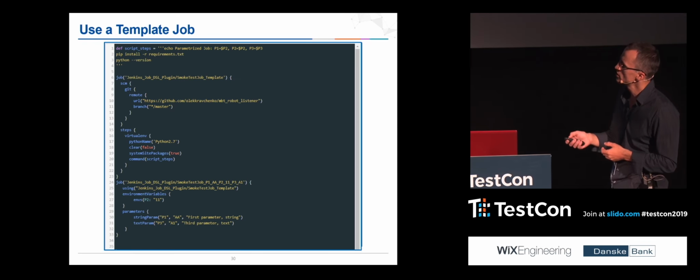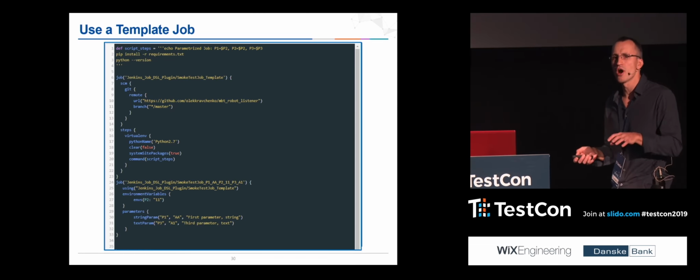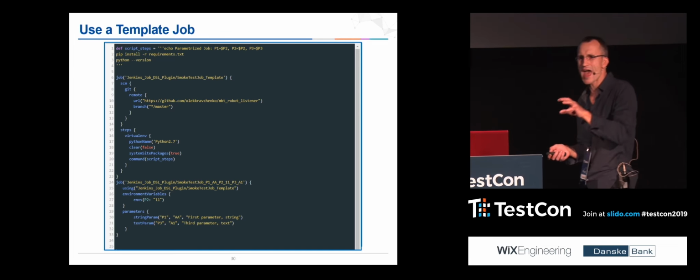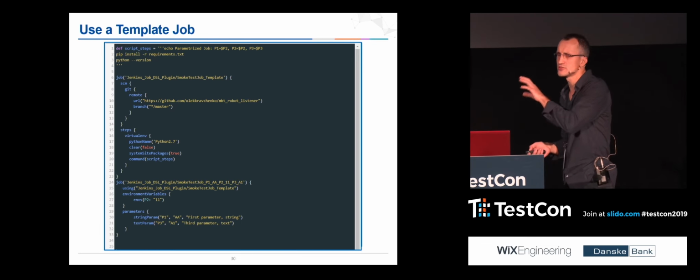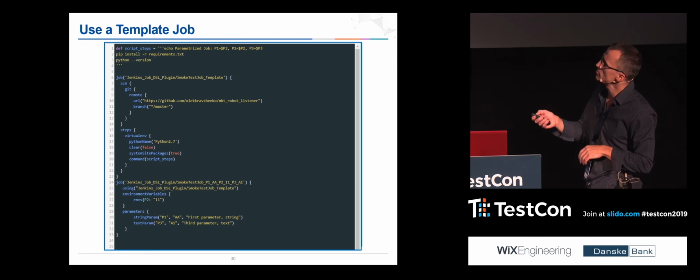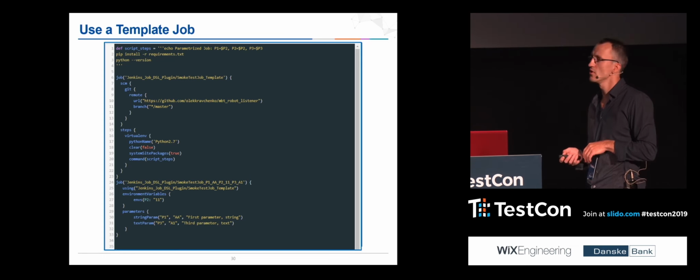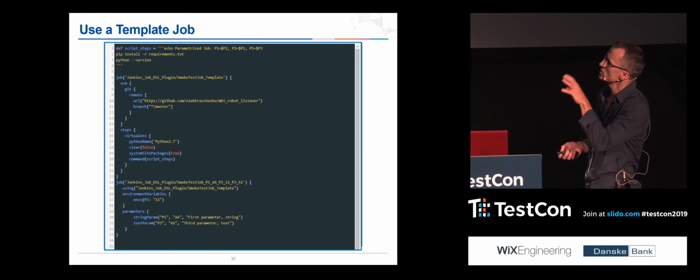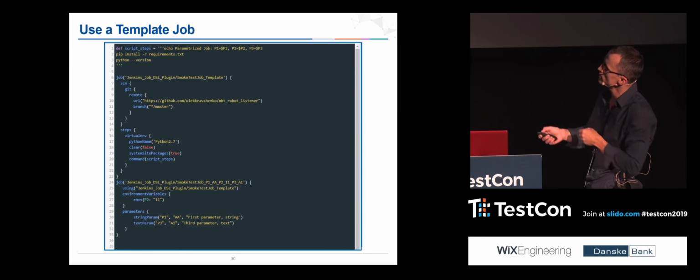And your child job will just add the parameters specific to this child job, right? But all the main steps will be taken from the template job, right? I will explain some details of this template job a little bit later.